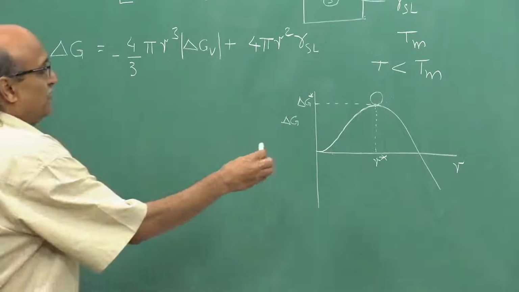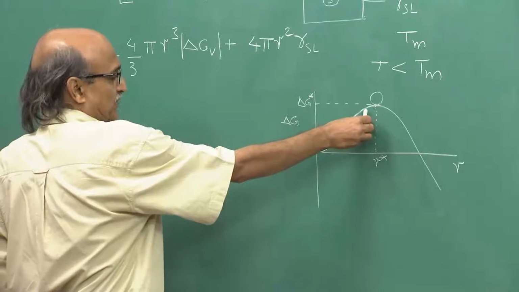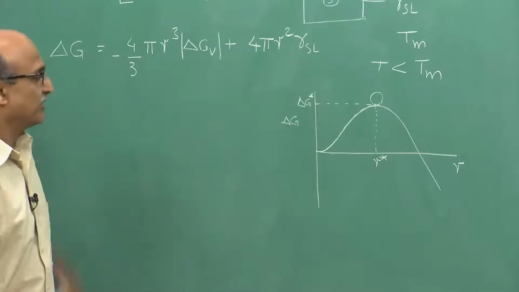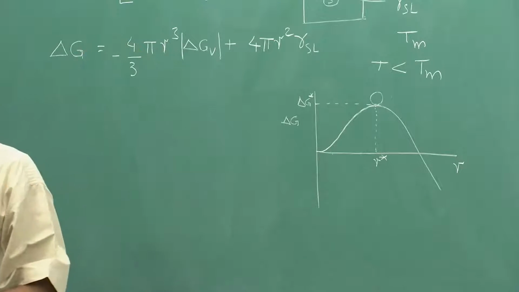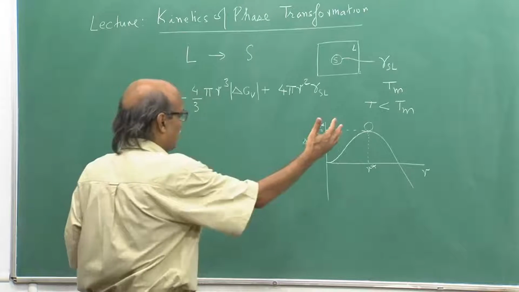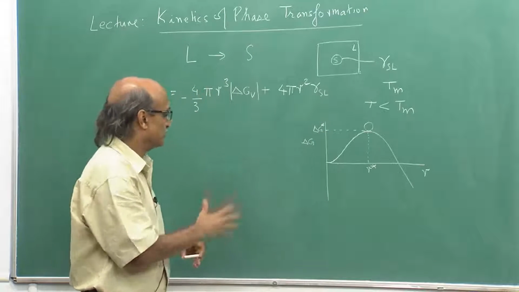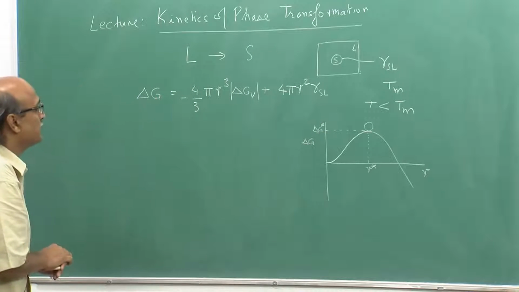All nuclei which get created, whose size is less than the critical size r star, will tend to dissolve back into the liquid, disappear back into the liquid.